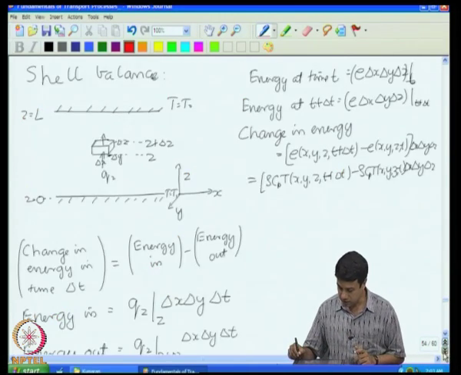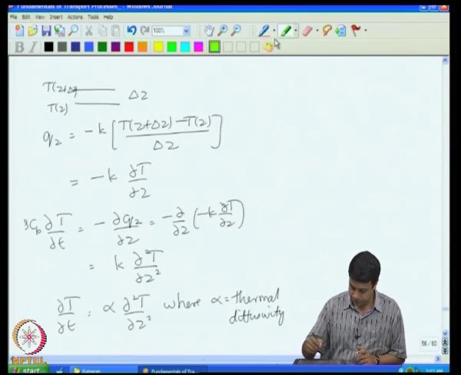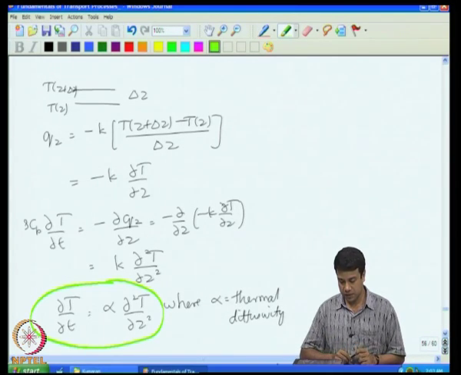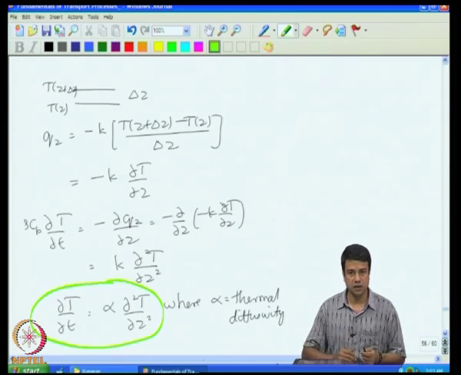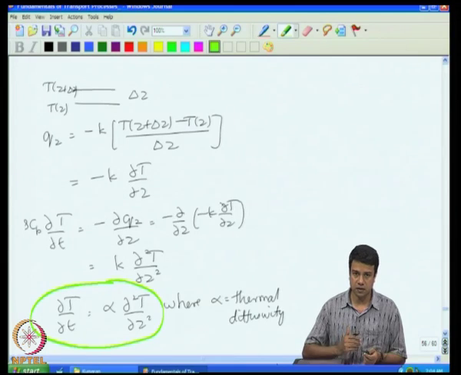So, these all three equations which I got here, this equation for example, is a first order differential equation in time, second order differential equation in Z. You need two boundary conditions in Z. For example, in the problem that we took, the two boundary conditions are at the two plates, Z is equal to 0 and Z is equal to L. And since it is first order in time, you also need an initial condition.